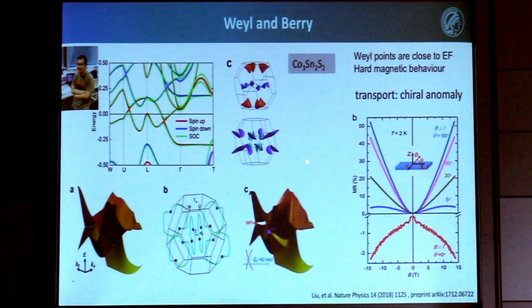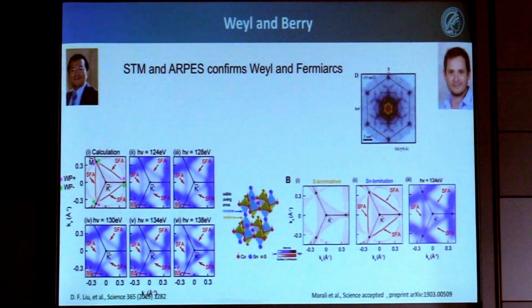So our first work was on transport properties, and one thing we proved, and you have to believe me, is that there's a chiral anomaly, which people believe is a signature of the Weyl fermions in the transport behavior. Anyway, it's not as impressive as in the non-magnetic material, but we now have even much nicer data.